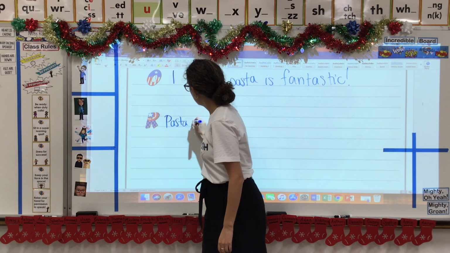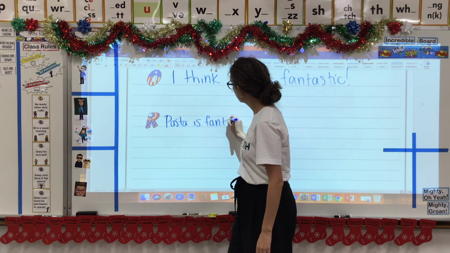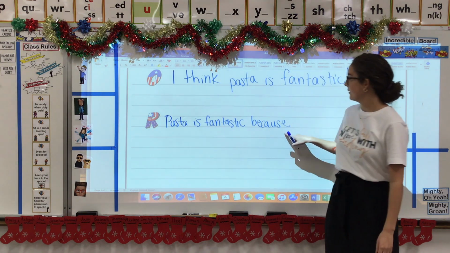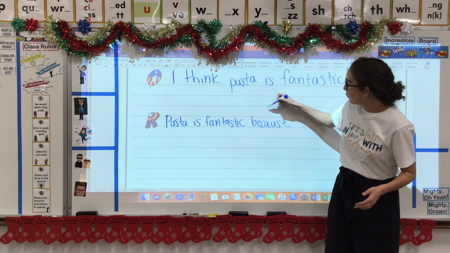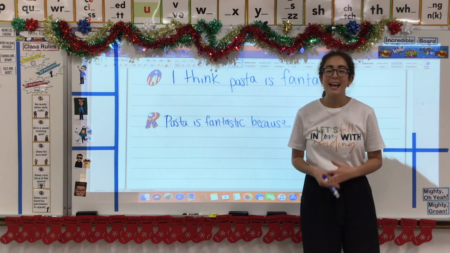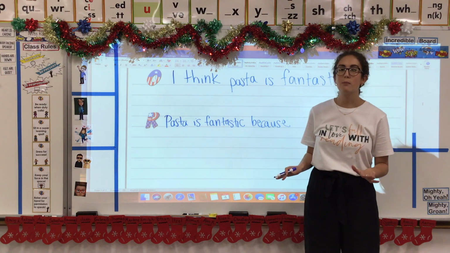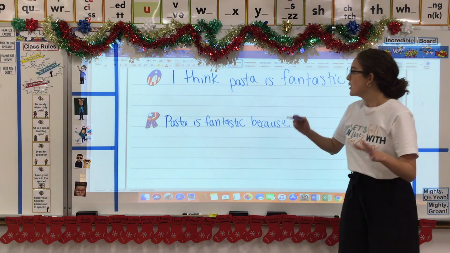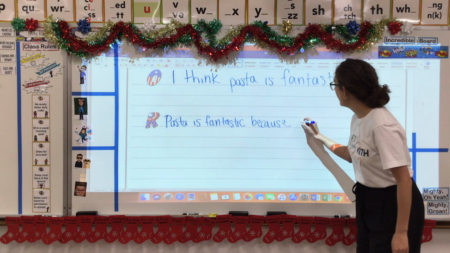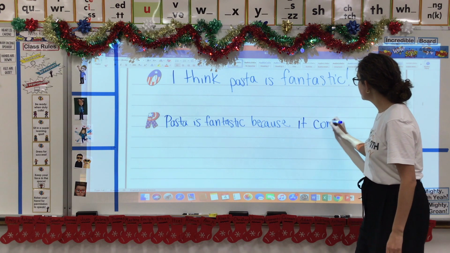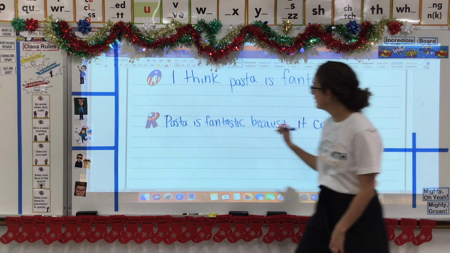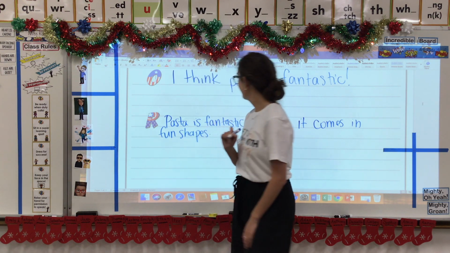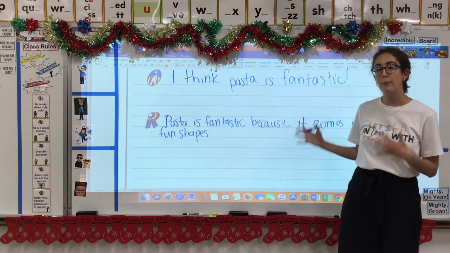Pasta is fantastic because... Okay, I'm going to continue that sentence, but we need to make sure we have because, since that is the word we always use when we are explaining why of something. Why do we have our opinion? So pasta is fantastic because it comes in fun shapes. That's one of the reasons for my opinion.